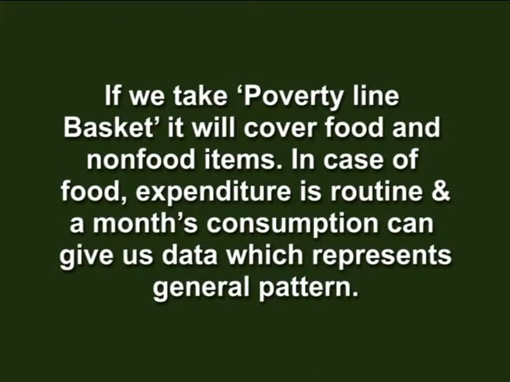If we take the poverty line basket, it will cover food as well as non-food items. In case of food, expenditure is routine and a month's consumption can give us data which represents the general pattern.